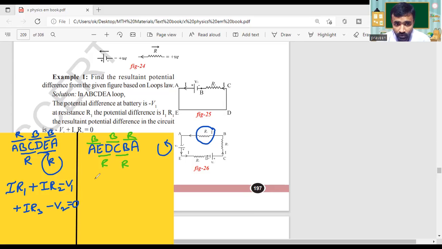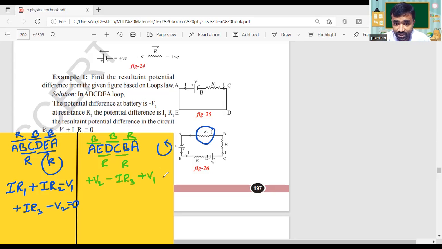A to E, battery, negative terminal to positive terminal, so plus V2. Next, E to D, through a resistor along the current direction is taken to be negative, and the product of current and resistance is IR3. Then D to C, negative terminal to positive terminal, it is positive, and the voltage is V1.